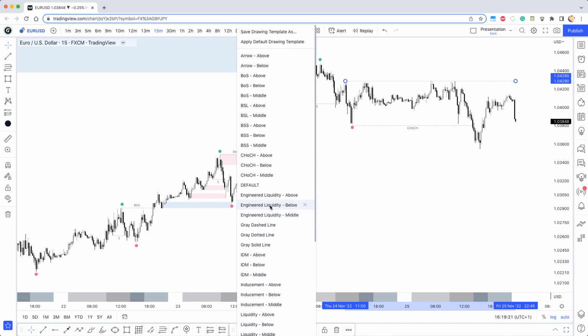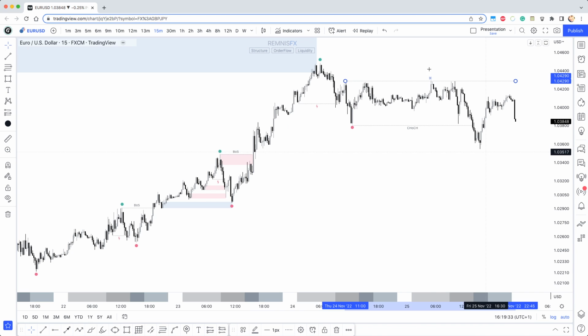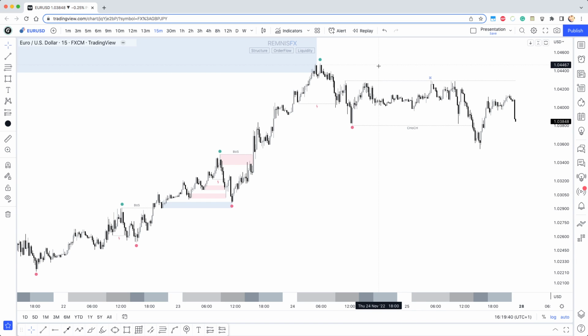This would be our engineered liquidity, or even equal high liquidity, but I call it engineered liquidity. Why? Because now the change of character is in the making.